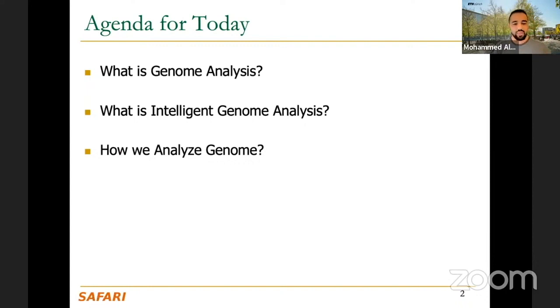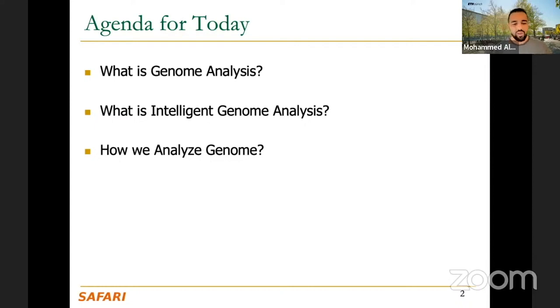Last week, we explained a lot of things about genome analysis and what the problem is, why we are not able to read the full genome as is. And then we will discuss what is intelligent genome analysis. There's really a huge need to accelerate genome analysis, and not only acceleration, but also improving the privacy, the throughput of it, the energy efficiency, and so on.